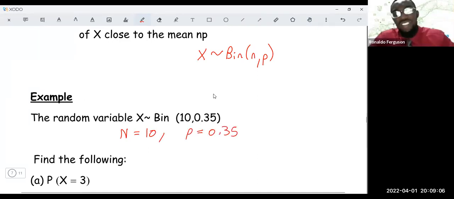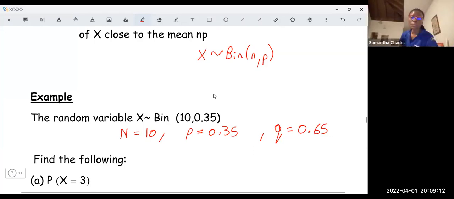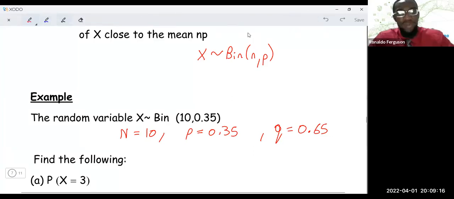The probability of success is 0.35 and the probability of failure is 0.65, because it should add up to 1. Now it says work out the probability of X equal to 3.